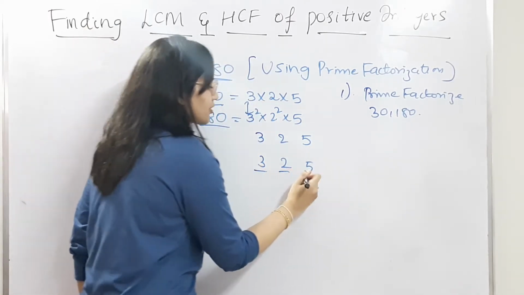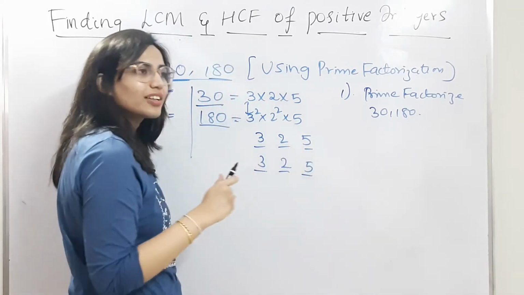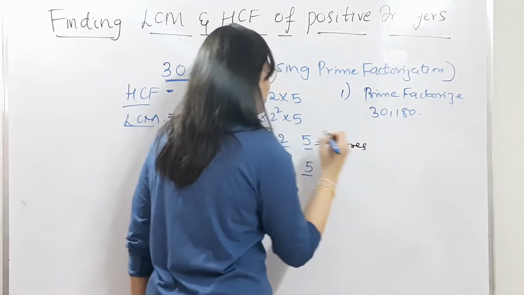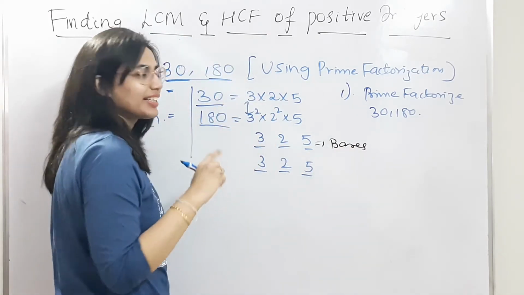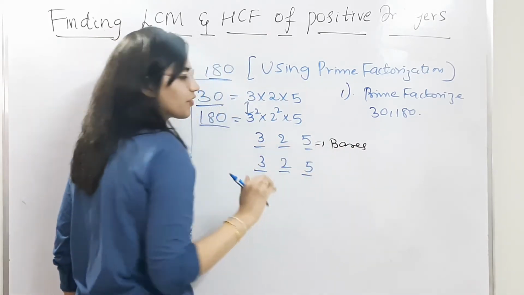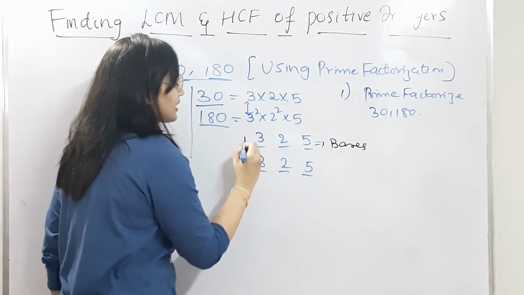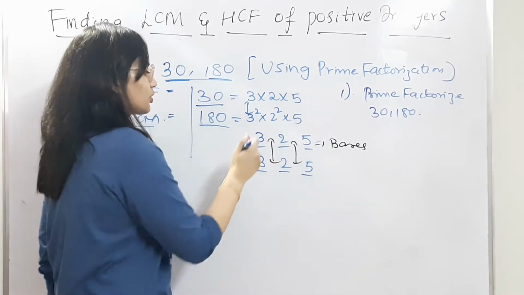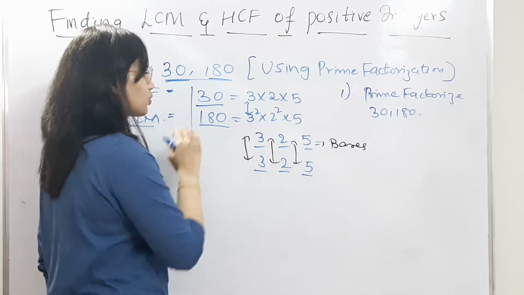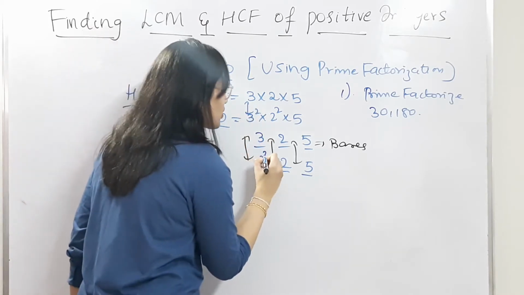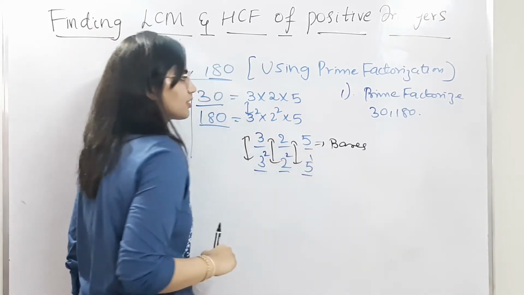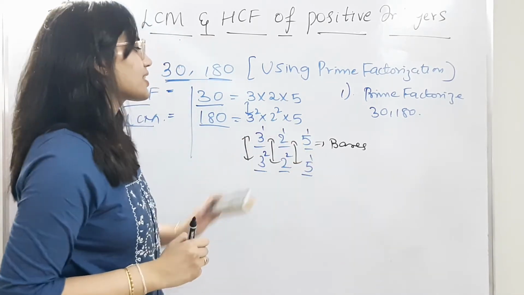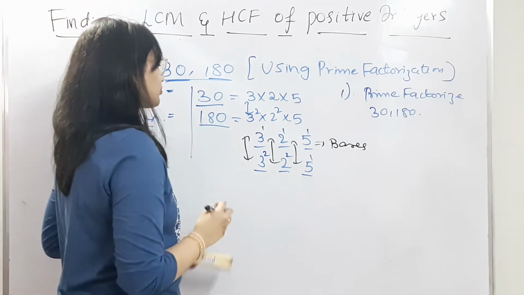These 3, 2, 5 we can call them as bases, because they do bear one exponent. That is the reason we are calling these 3, 2, 5 as bases. So basically we have aligned these bases so that they are opposite to each other for these 2 numbers, and then we have the powers associated with these bases. Right. 1, 1. Okay. So this is something you need to keep in mind.